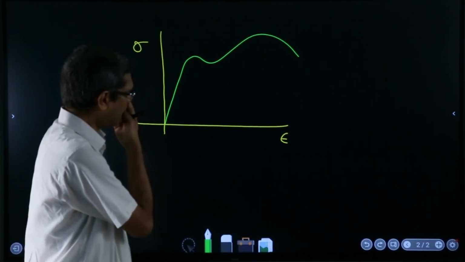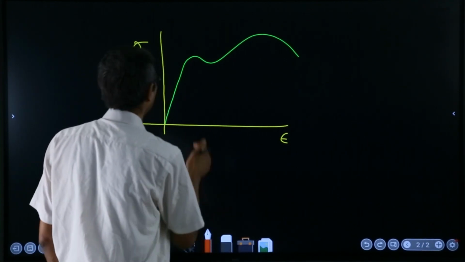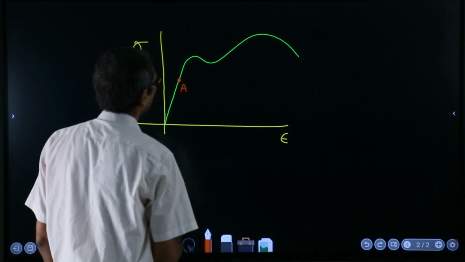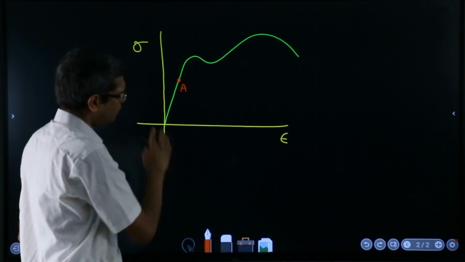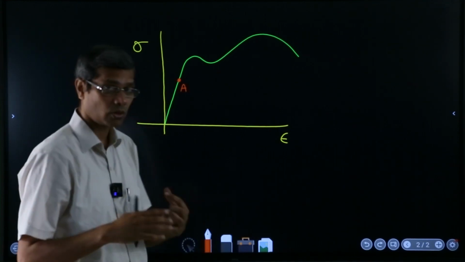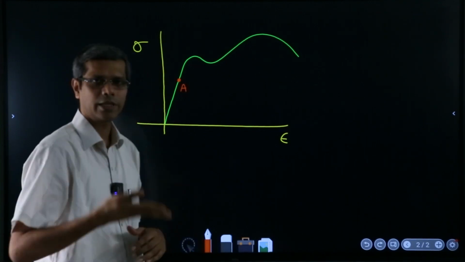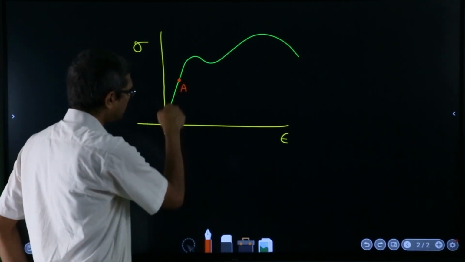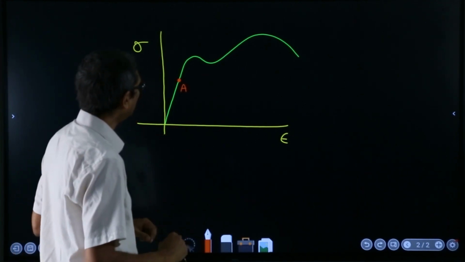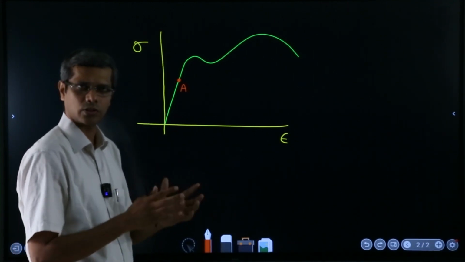There are certain important points on these curves which are to be noted. For example, up to a certain point here, say I'll name it A, the stress will be exactly proportional to the strain, and the proportionality constant is the Young's modulus. The slope of stress to strain will give you the Young's modulus, and in this zone, until you get to this strain value, you can say that the Young's modulus is a constant.